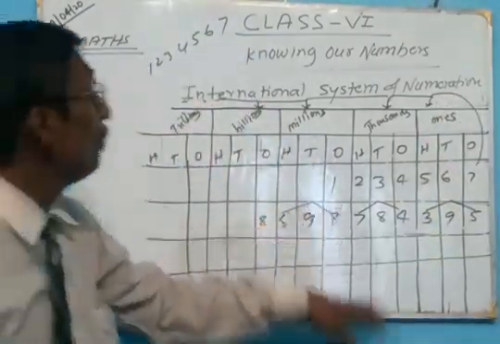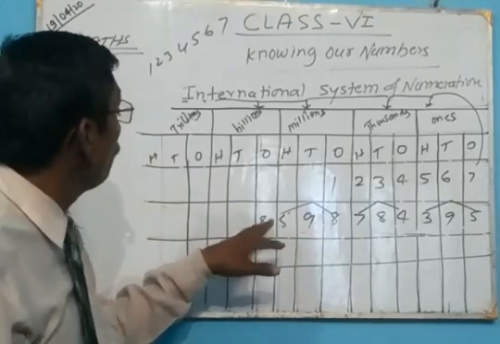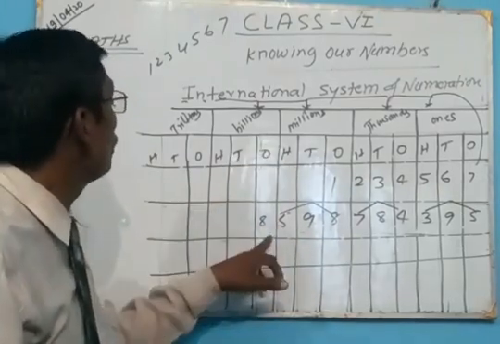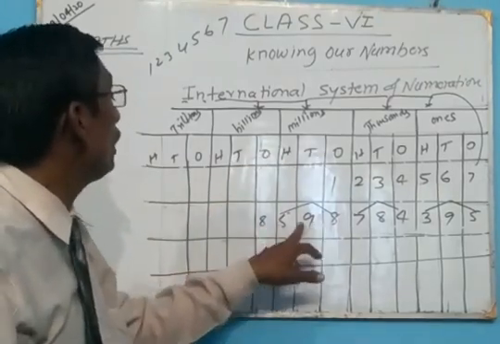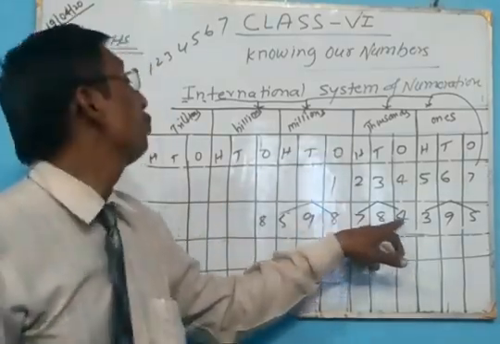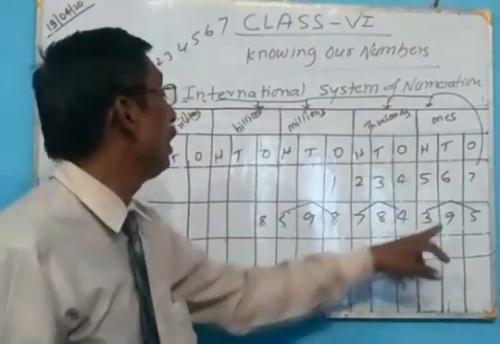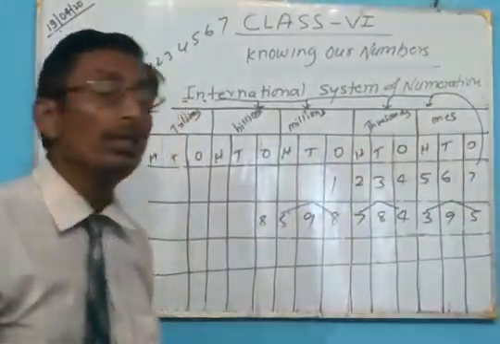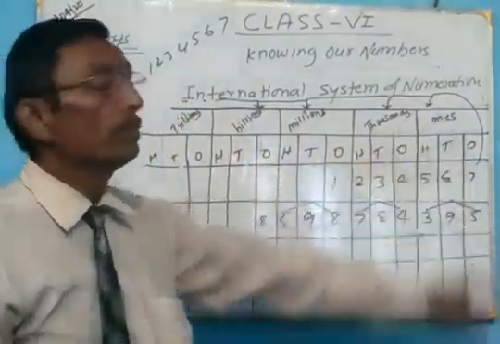That means we can say it 8 billion, 598 million, 784 thousands, and 395. We see it like the international system.